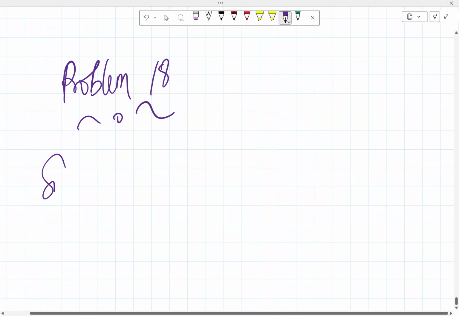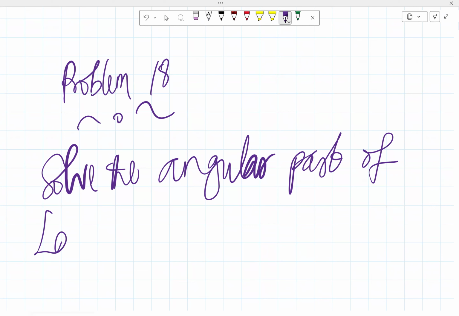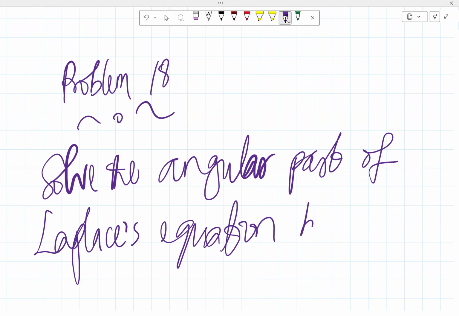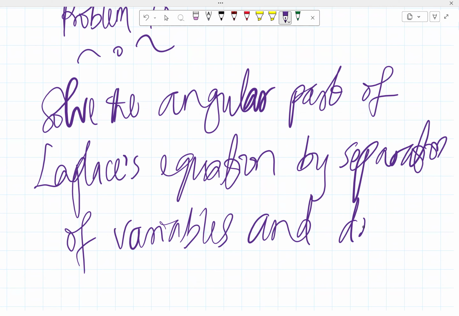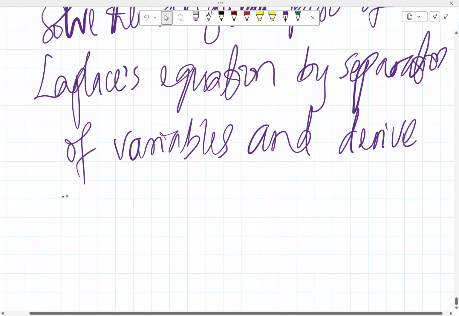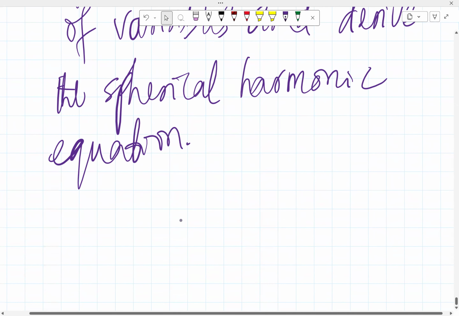The question says to solve the angular part of Laplace's equation by separation of variables, and derive the spherical harmonic equation. Okay, so we go.